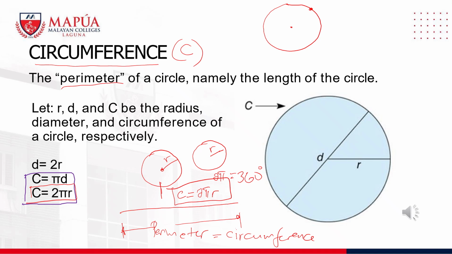If you connect the center to any point on the circle, this distance is called the radius, or r. If this is the point and you connect it with the center, this is also r. If this is another point and you connect it with the center, that is also equal to r. So we have 3 r here.